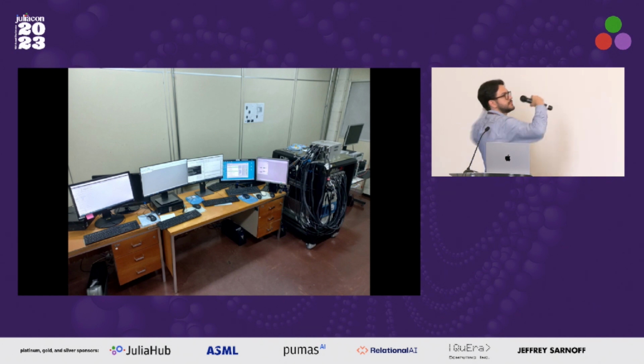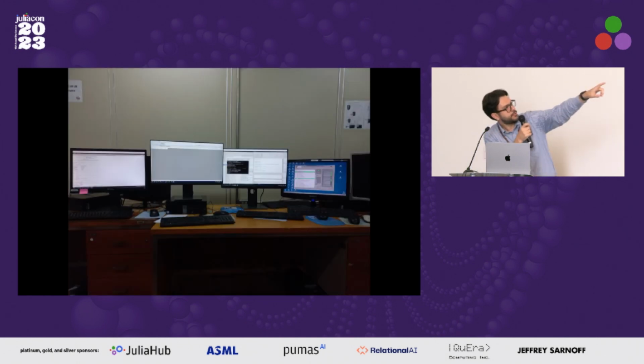On the right, you have the satellite computer connected through that rack to the simulation computers. From the right to the left, the three are just computers to interface with the satellite computer, and this one is the Julia simulator, the same simulator I've just shown, running and closing the loop of everything.